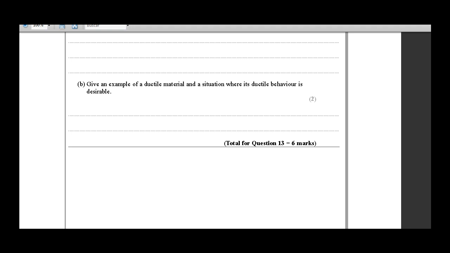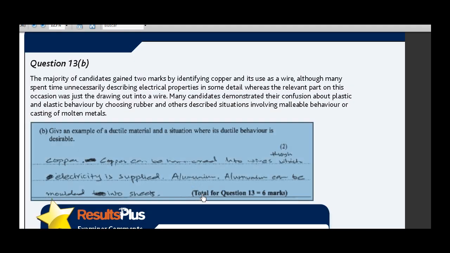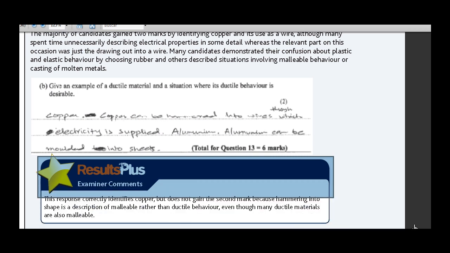This is hopefully common sense, but I'm going to have a look at what they wrote here just in case. I can barely read this, so for all my students with bad handwriting, be careful. It says copper can be hammered, I think, into wires, although it's actually pulled, into wires through which electricity is supplied.